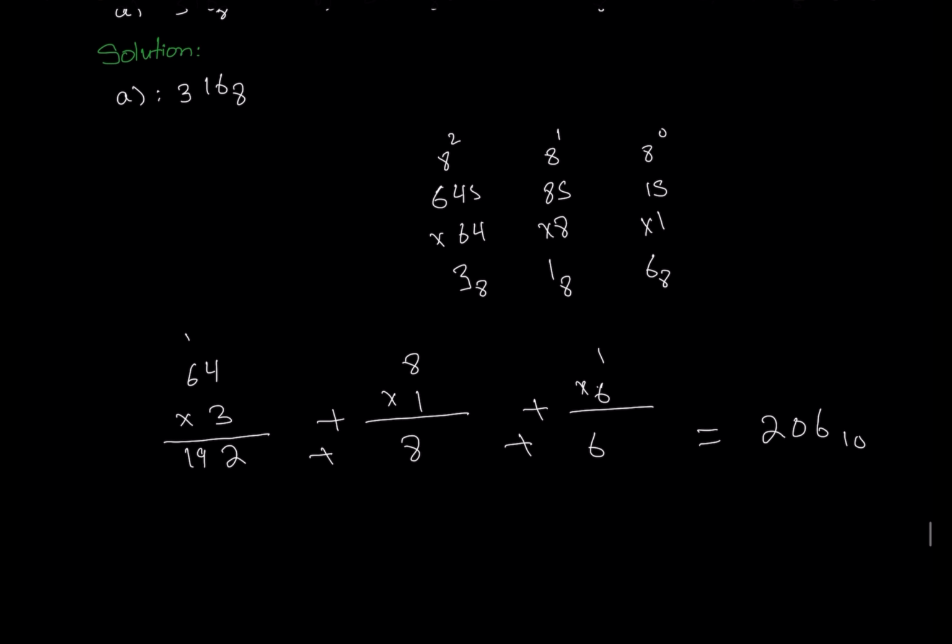Okay, I believe that's fine. That's a good answer. But the procedure is to find the placing value. You can use any of these 3 procedures. 8 to the 0, you can just find how many digits you need, and you'll find that many placing values. That will be 8 to the power n, starting from 0 and going all the way to how many digits you have.